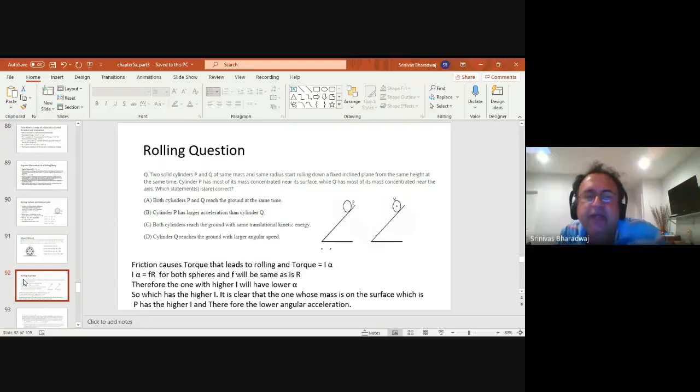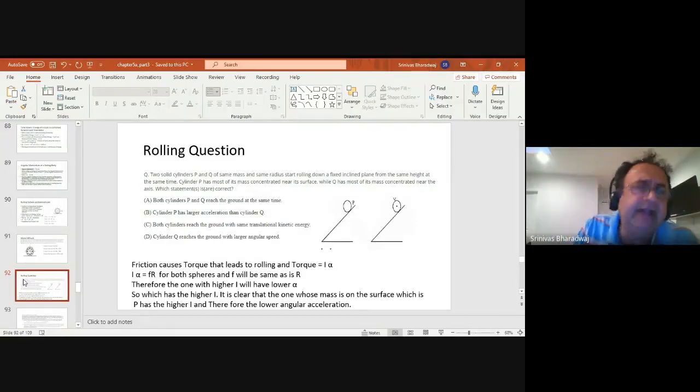I will spend maybe half a class or one more class explaining rolling, and then we will move on very quickly to the next topic. So try to understand moment of inertia, try to understand a little bit of rolling as well, but of course, most importantly, understand angular momentum and torque.